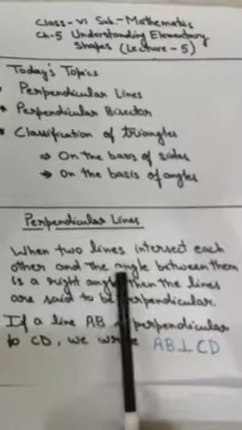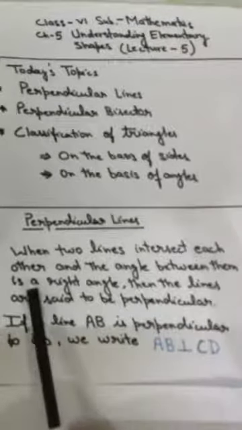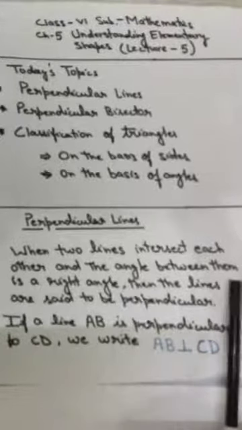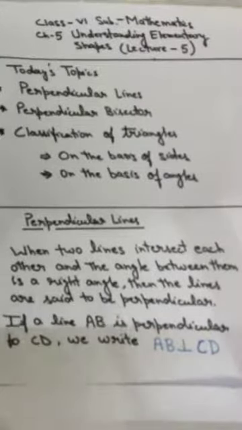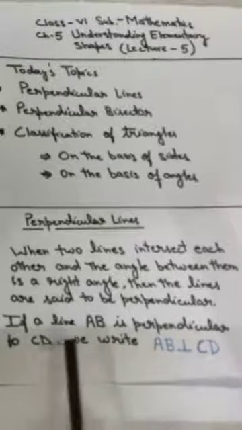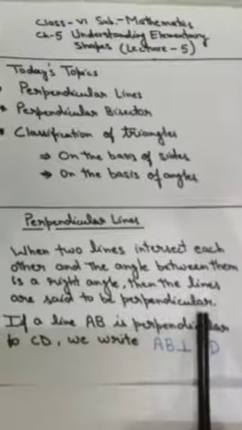When these two lines intersect each other, one angle is formed. If that angle is a right angle, then the lines are said to be perpendicular.